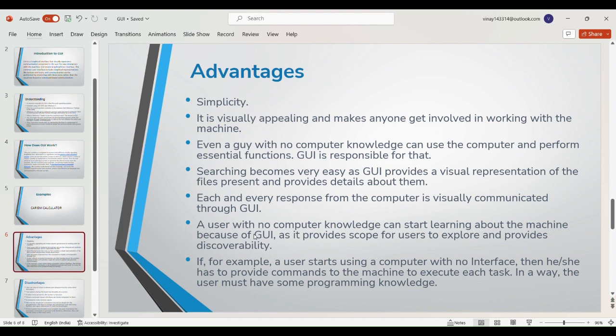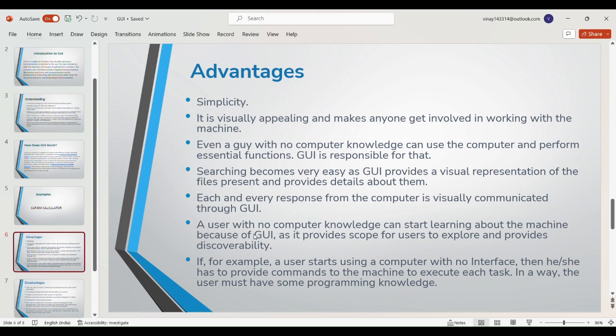Searching becomes very easy as GUI provides a visual representation of the files present and provides details about them. Each and every response from the computer is visually communicated through GUI. A user with no computer knowledge can start learning about the machine because GUI provides scope for the user to explore.